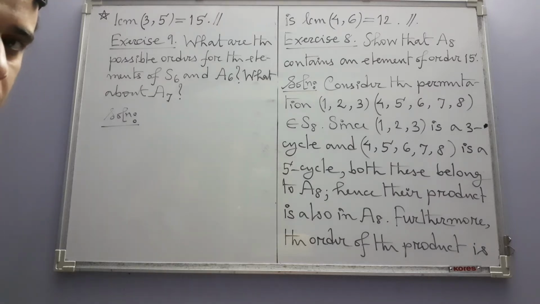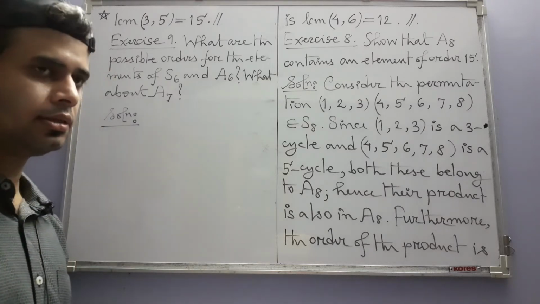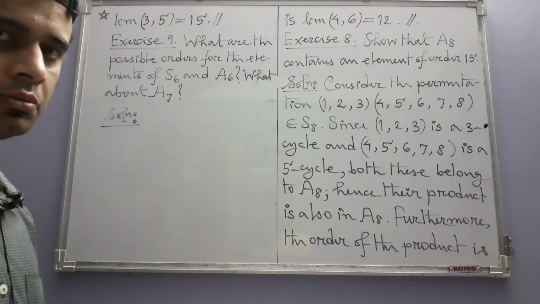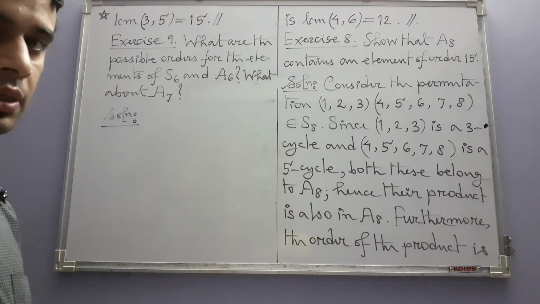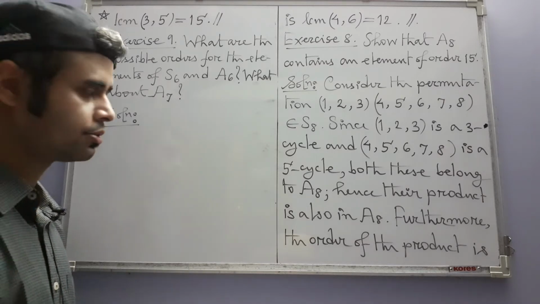Okay, so what we are now going to do, we are going to see the partitions of the number 6, that is the ways in which we can write 6 as a sum of positive integers that are less than or equal to 6.